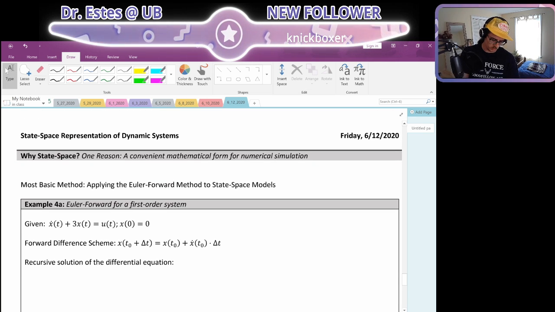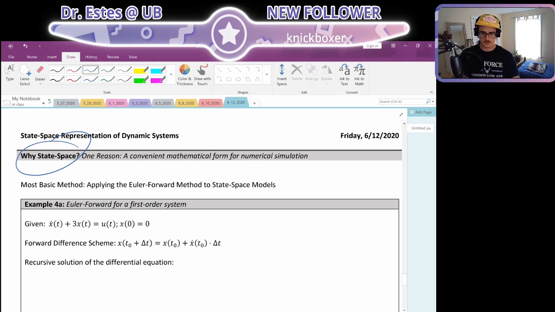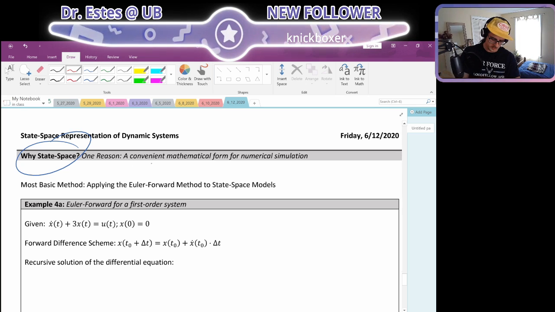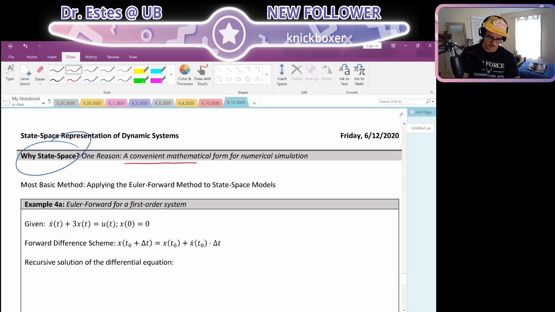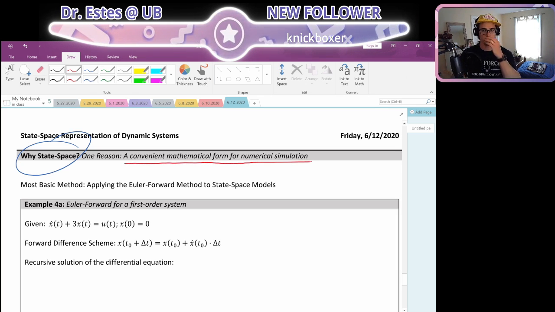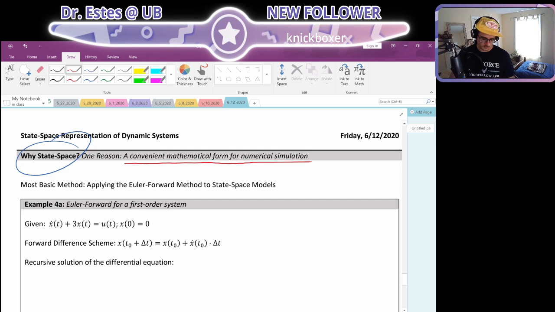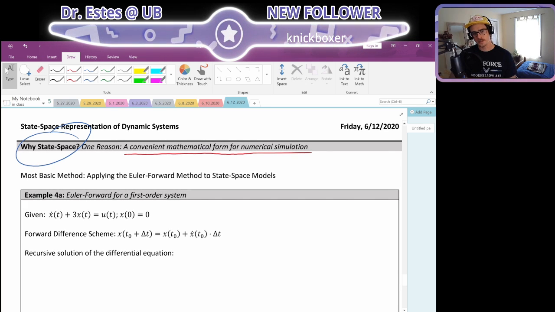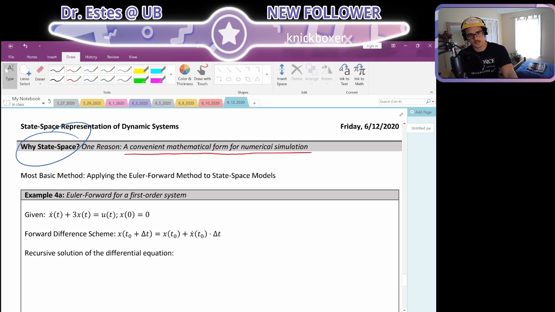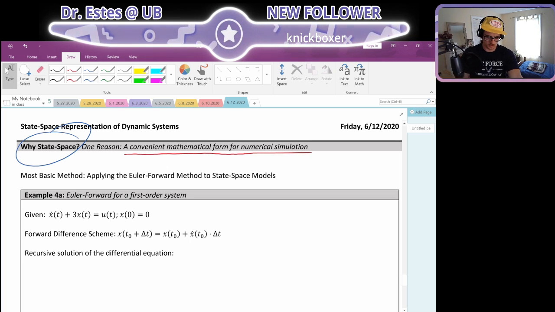Okay, so why are we doing state space? One of the reasons is it's a convenient mathematical form for doing numerical simulations. So I'm going to show you the very most basic way of doing a numerical simulation with state space.